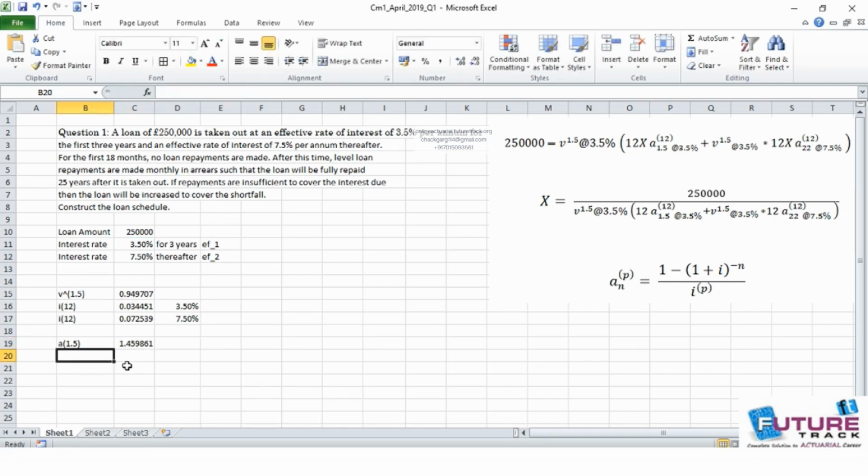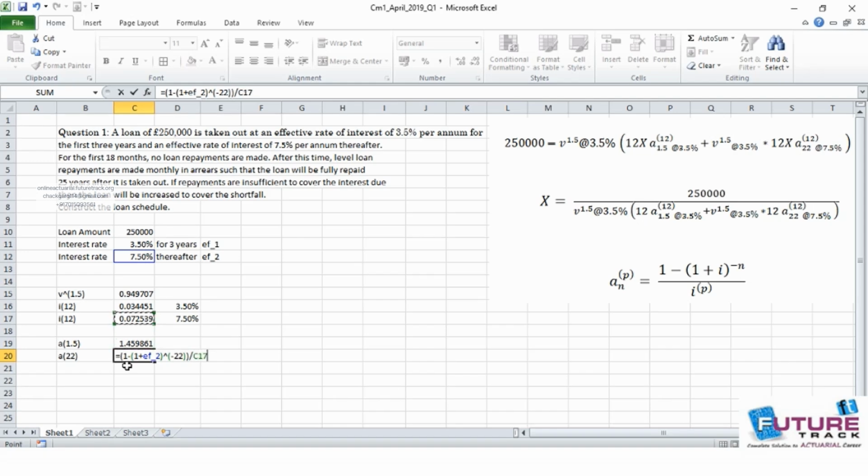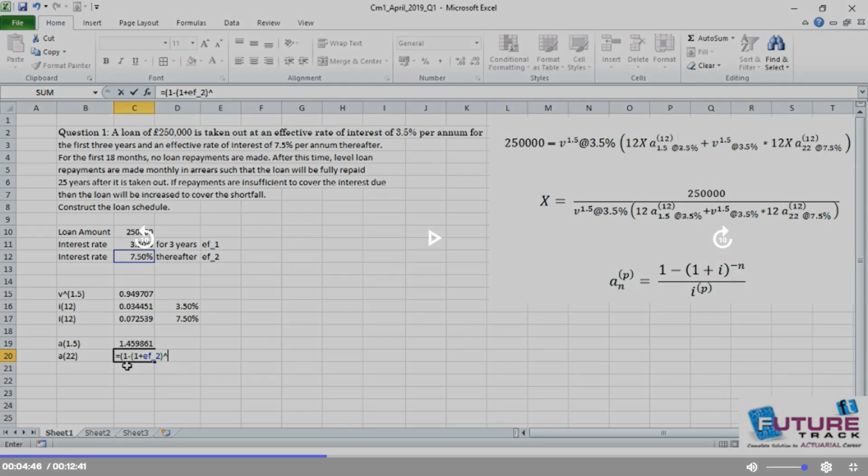This is my A 1.5, and similarly we find A 22: bracket 1 minus (1 plus, this time the effective rate of interest 2) raised to power minus 22, bracket close, divided by this I12.